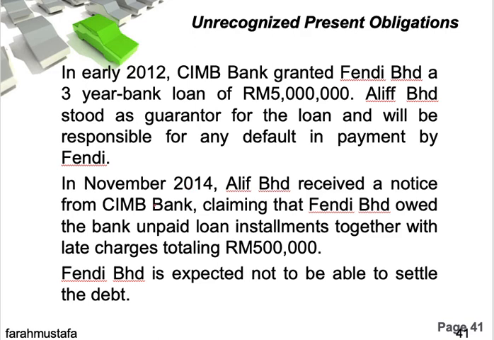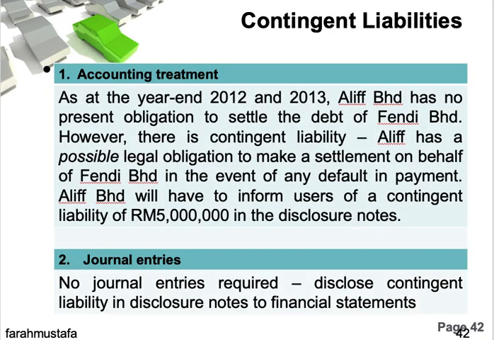In November 2014, Alif received a notice claiming that Fendi owed the bank unpaid loan. So Alif, being the guarantor, got a letter from the bank when Fendi defaulted on payment. Fendi is expected not to be able to settle the debts.